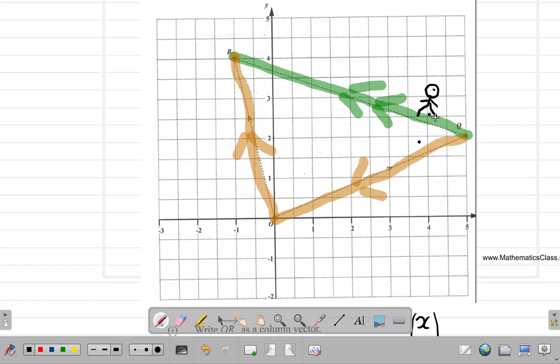So therefore, QR is equal to going from Q to O, then O to R. So QR is the same thing as QO plus OR.